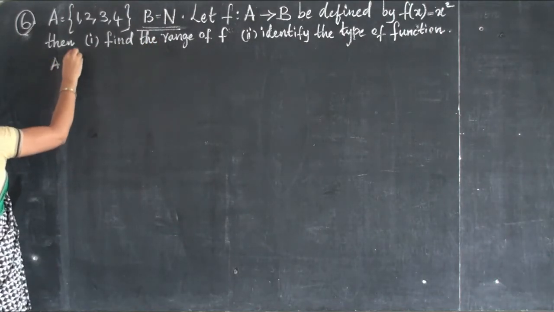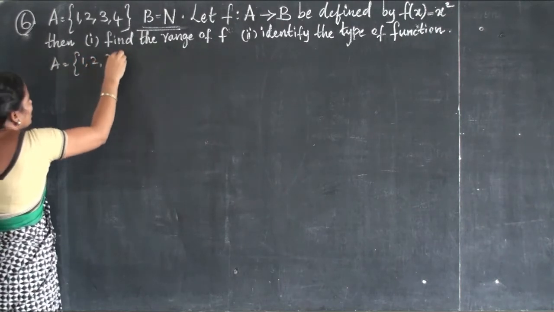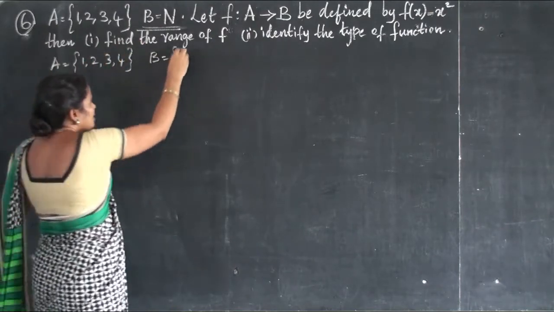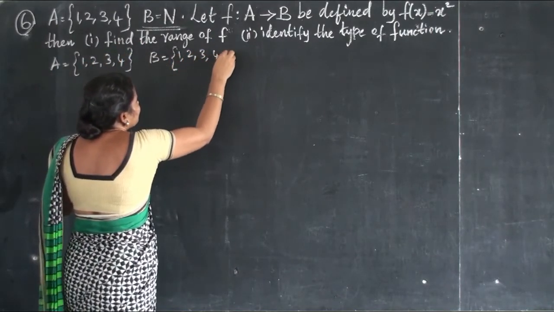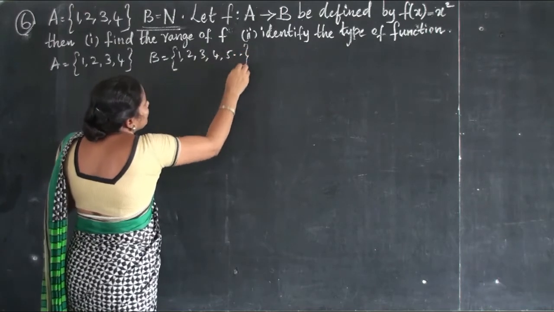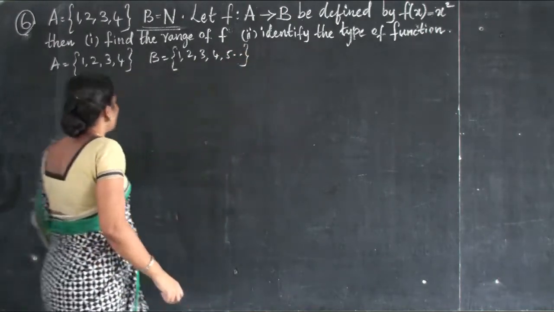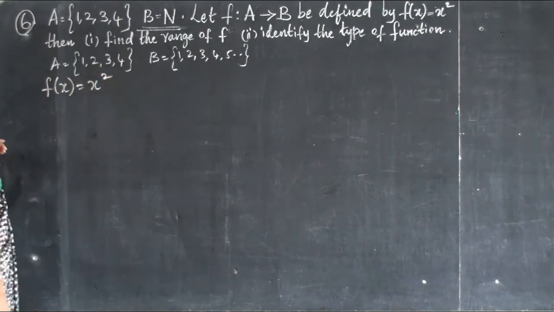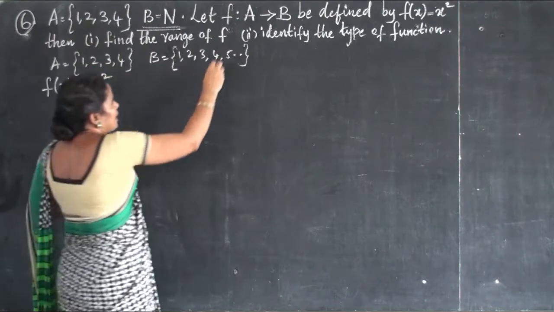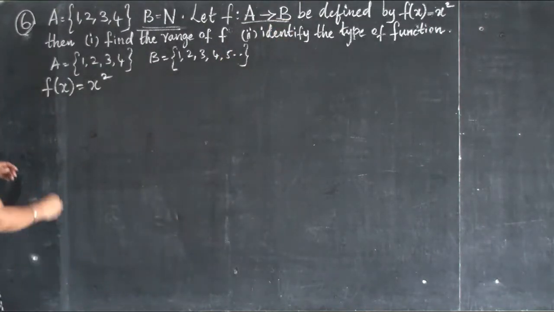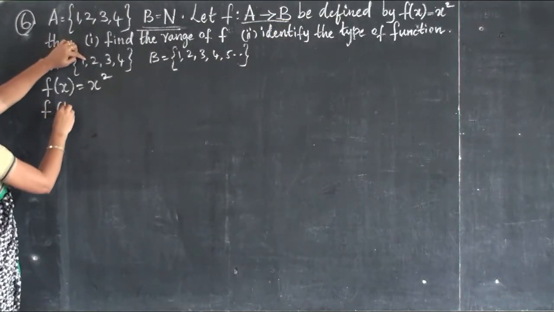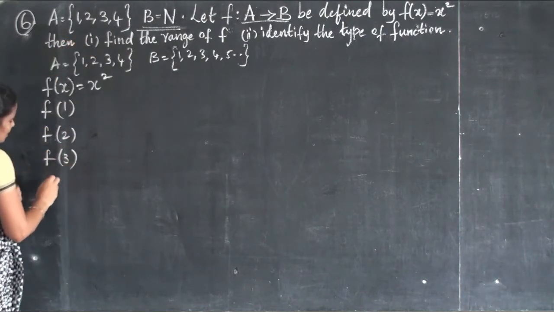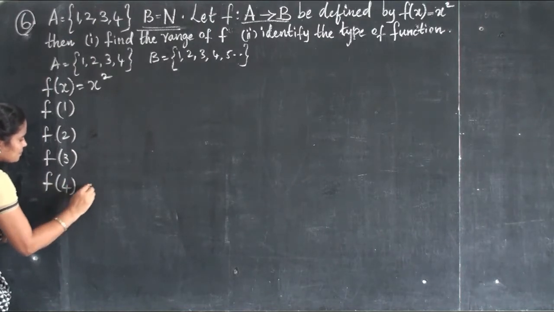So A is 1, 2, 3, 4 and B is the natural numbers. Take all the elements from A, that is 1, 2, 3, 4.